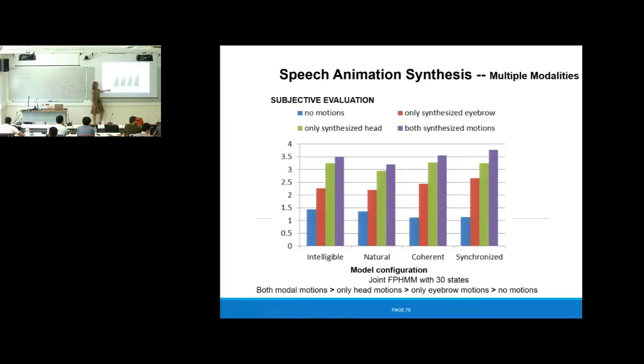And what we can find is that in both, it's in blue, we have better recognition in terms of intelligibility, naturalness, coherency, and synchronization. Right. So by considering both modalities, head and eyebrow movements, we got higher results than considering just the head or just the eyebrows, and of course, no motions. All right.